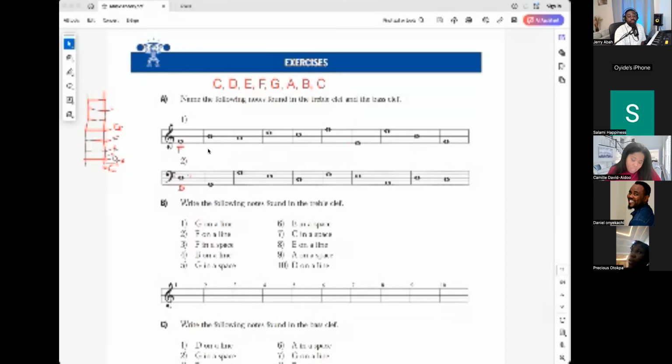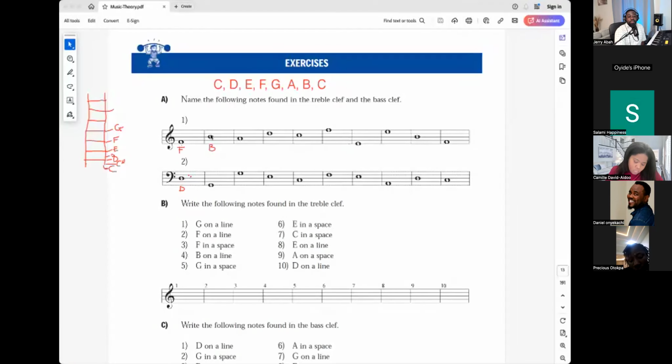E, G, B. So this note that's written on the third line is a B. And then, if this is a B, see this note? Is this note going higher or is going lower? I would like to have an answer for this. Awesome. It's going lower.